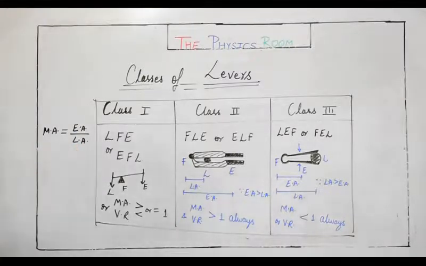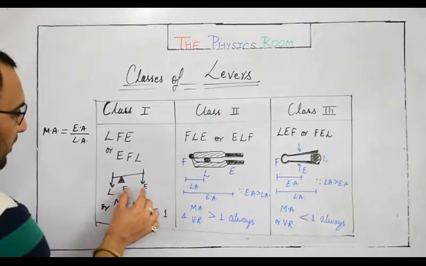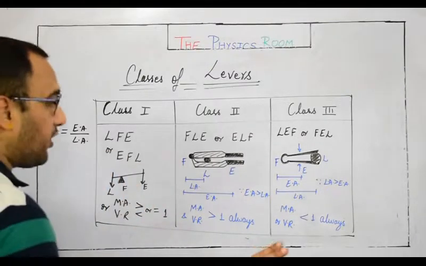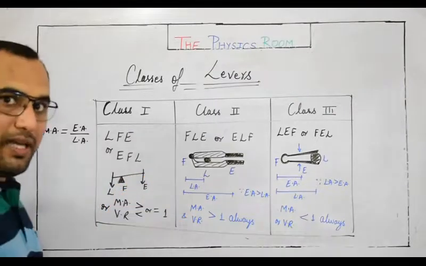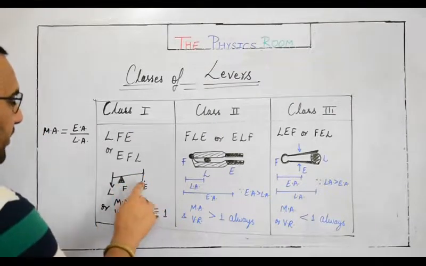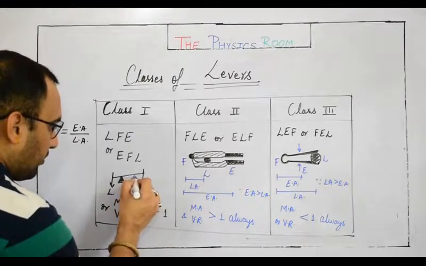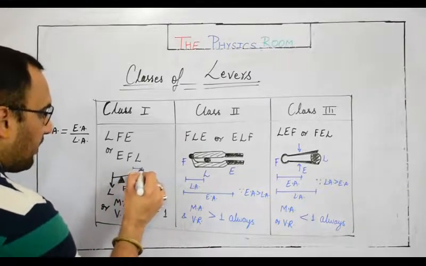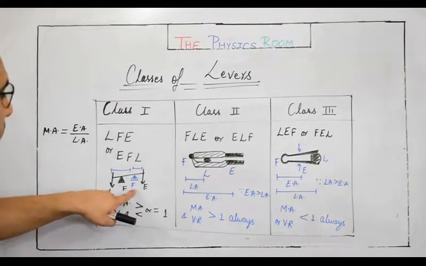In this case, the load arm is smaller than the effort arm, but we can change the location of the fulcrum, though it must remain between the load and effort point. If I shift this fulcrum point here, this time the effort arm will become smaller than the load arm, because all distances are measured from the fulcrum.